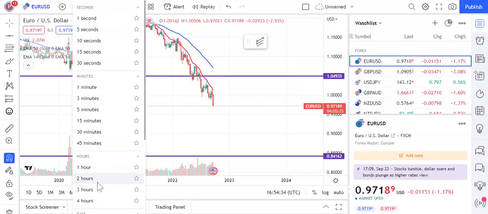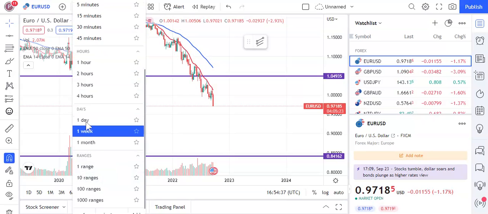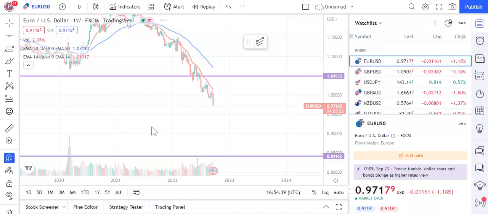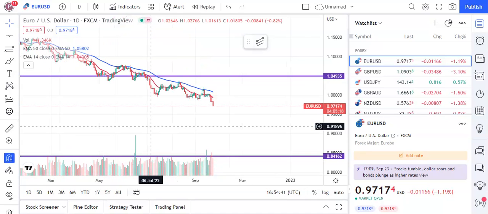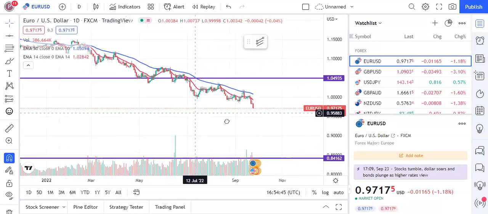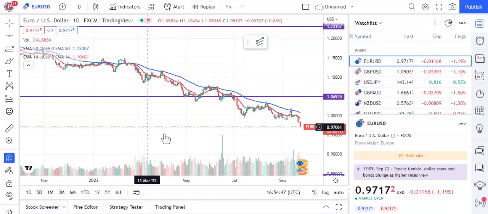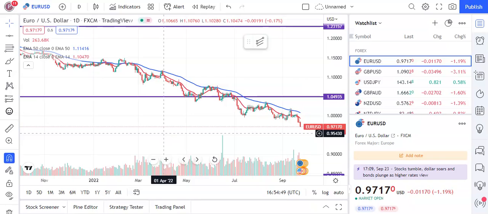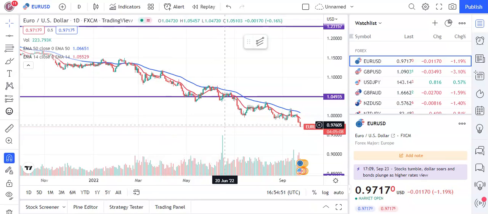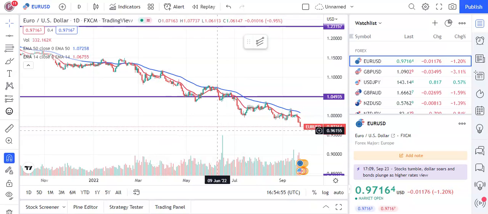Now I move toward daily. Like I said before, I love drawing my support and resistance on a larger time frame. It gives me a clearer picture of what is happening in the market. So right now, remember, this is pure price action during my technical analysis.